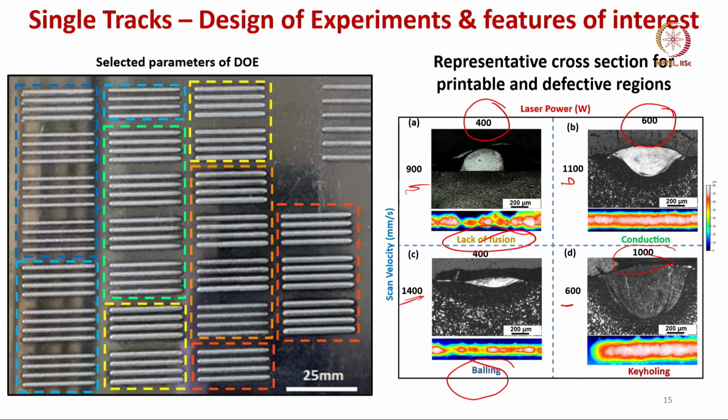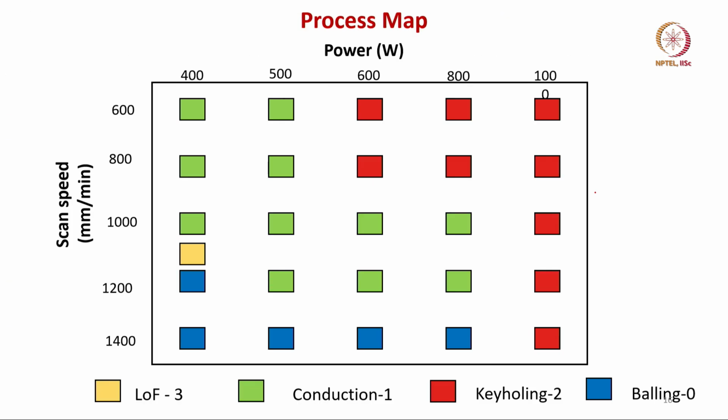In the case of high laser power like 1000 watt, you can see it is keyholing. Only in the case of 600 watt and 1100 millimeter per second, you can see the single track is defect free, it is a clear case of conduction.